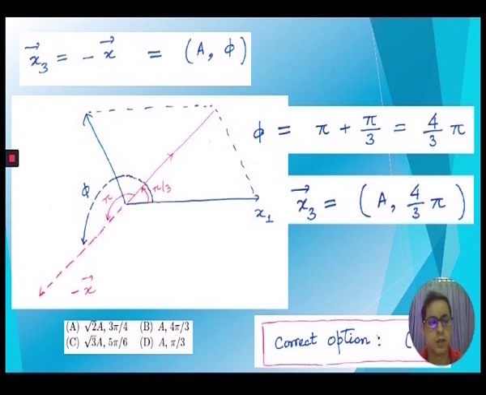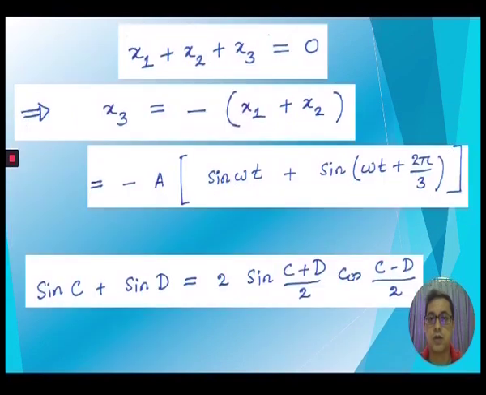This can be done in another simple way. You just do it algebraically. The method that I have just shown you is a vectorial, graphical method. You can do it by the algebraic method as well. Here you just have to add this third one so that the effects of x1 plus x2 get cancelled out. So x3 is obviously equal to minus of (x1 plus x2).